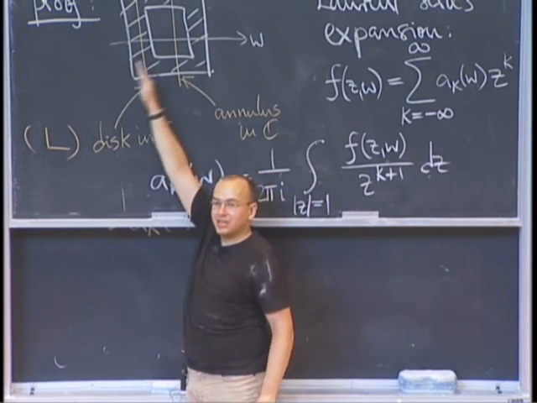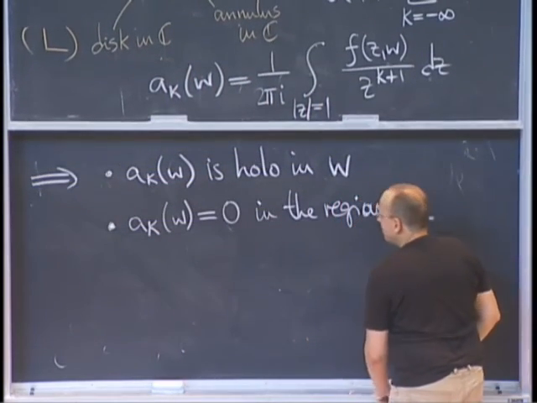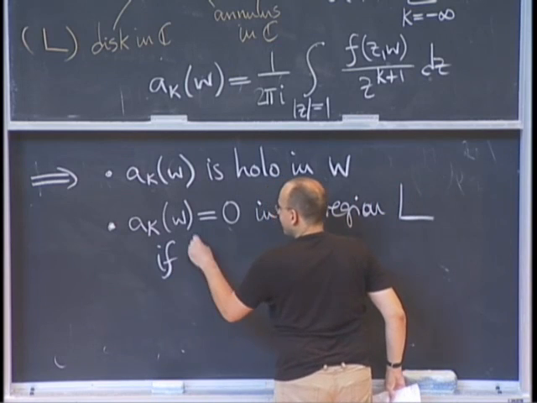So here my slice function is actually holomorphic. So all of these Laurent coefficients vanish if k is negative.